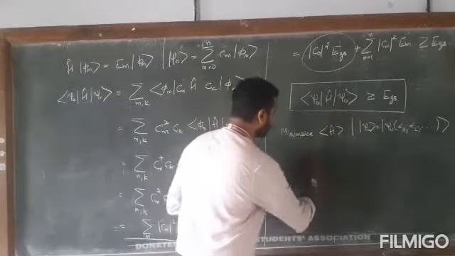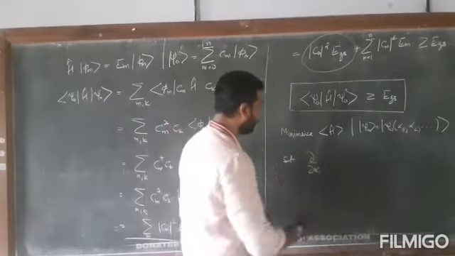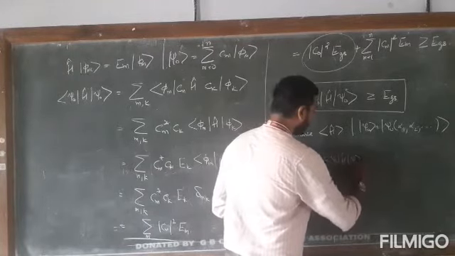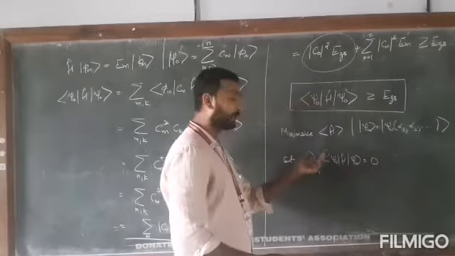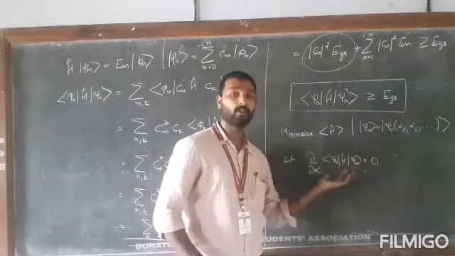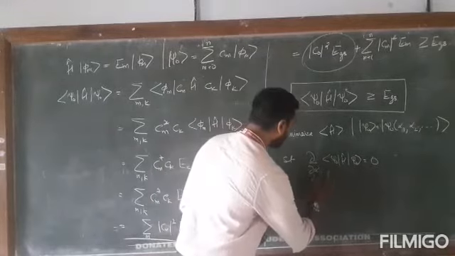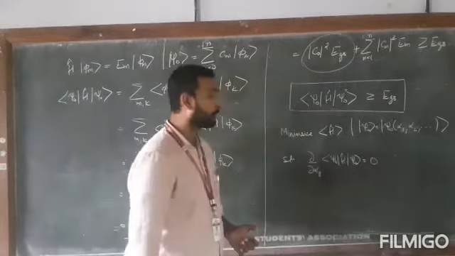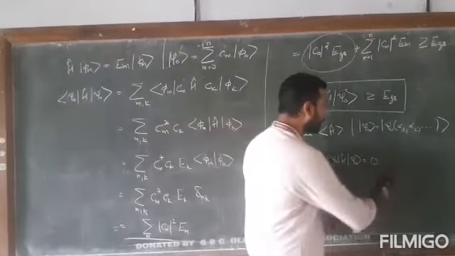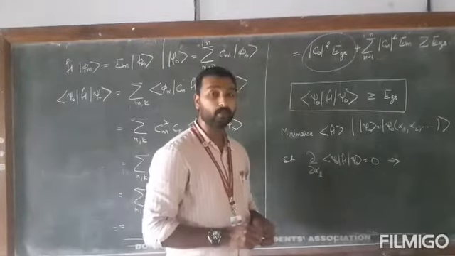So we will set dou by dou alpha 1 of ⟨psi 0|H|psi 0⟩ equal to 0. So dou by dou alpha 1, dou by dou alpha 2, dou by dou alpha 3, and we will find for which parameter values of alpha 1, alpha 2, alpha 3, etc. In general I can write for alpha L, dou by dou alpha L of ⟨psi 0|H|psi 0⟩ equal to 0. Then by setting this we can find the parameters which minimize the Hamiltonian.